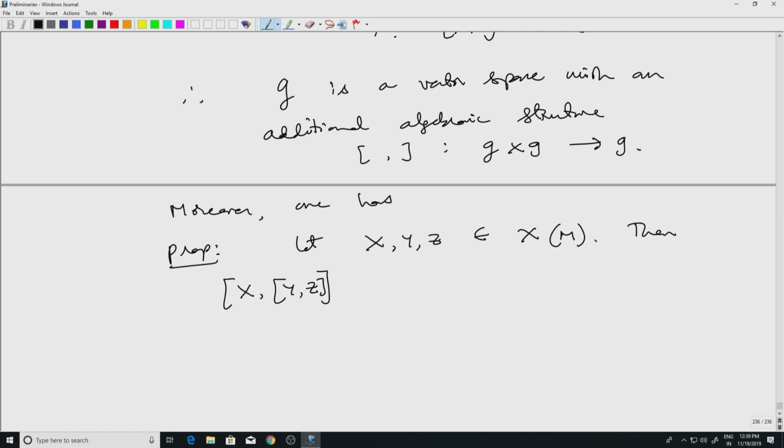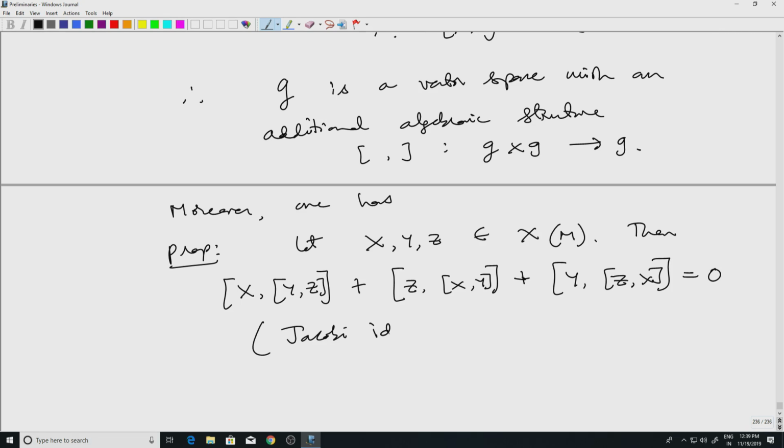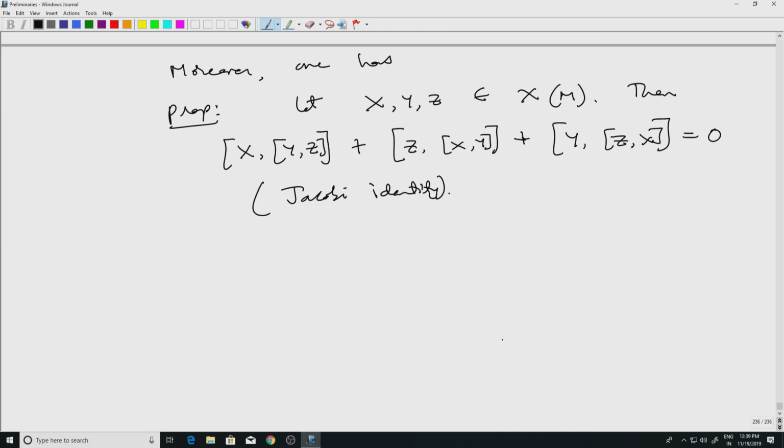So the Lie bracket of vector fields is not associative, but instead one has this property: [X,[Y,Z]] plus you cyclically permute these things, [Y,[Z,X]] plus [Z,[X,Y]], equal to 0. This equation is called the Jacobi identity.